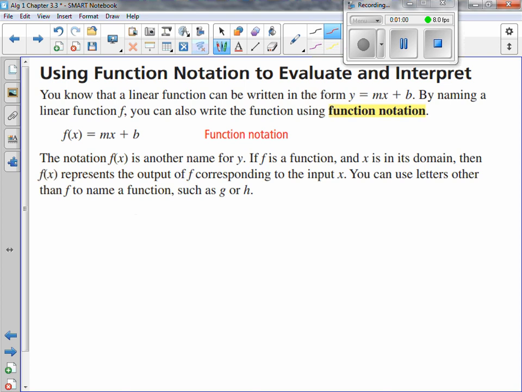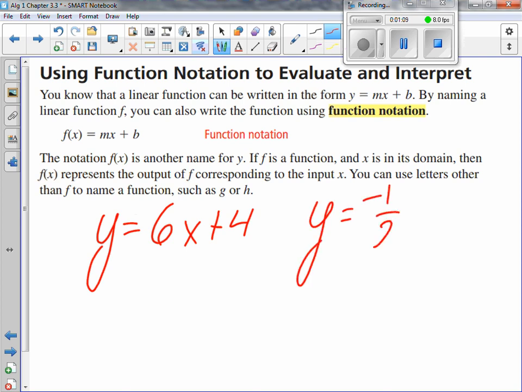The main reason we do that is because if I said y is equal to 6x plus 4, and y is equal to negative 1/2 x plus 3, plug in 2 for x.